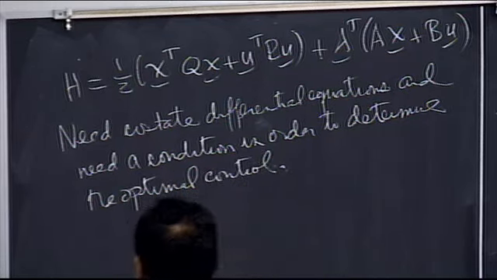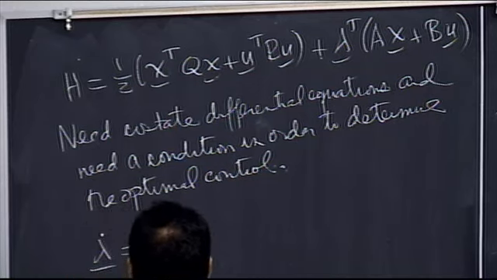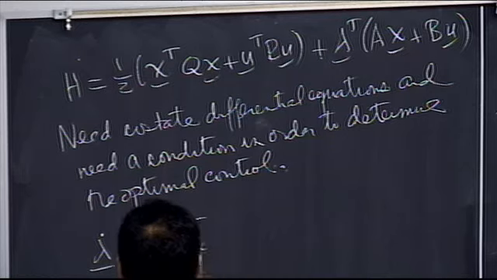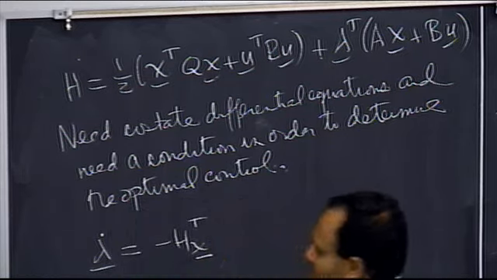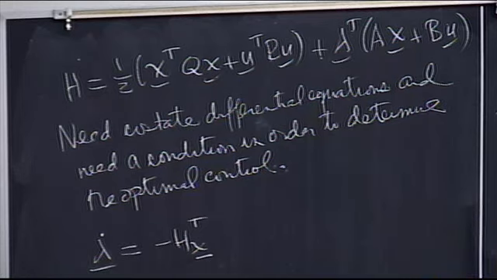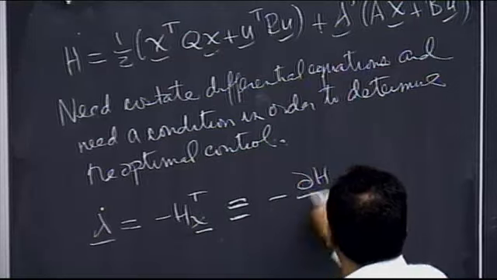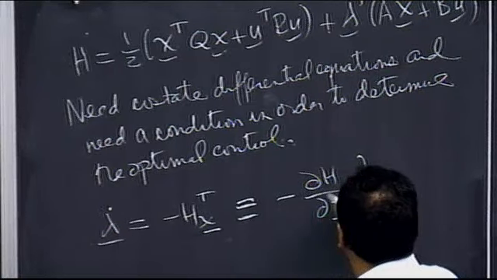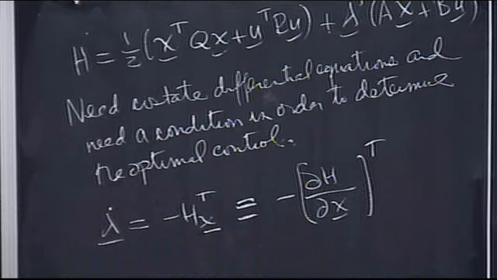So the first of these is that lambda dot is equal to minus H_x transpose. What I mean by H_x transpose is the derivative of the Hamiltonian with respect to x, transposed. This is a shorthand for minus the partial of H with respect to x, transposed. I just write it that way instead. Okay? So let's look at this.